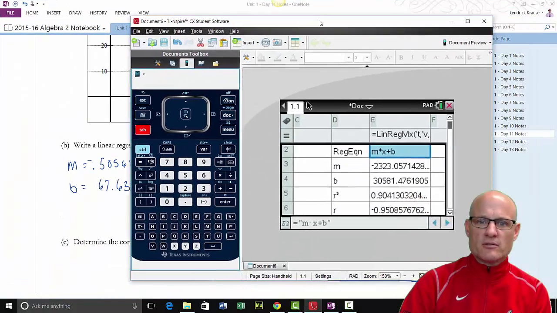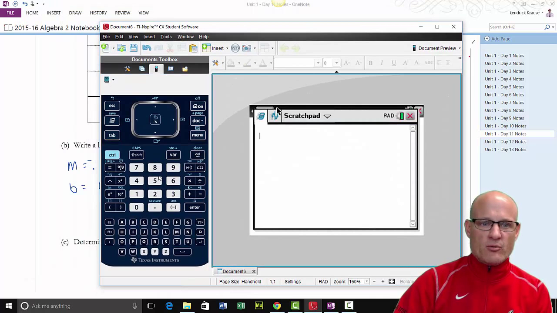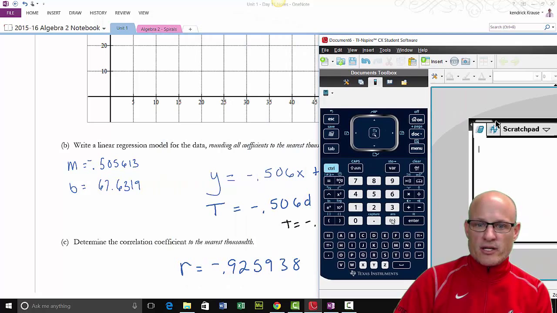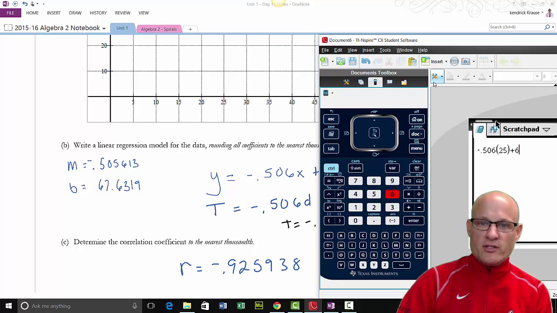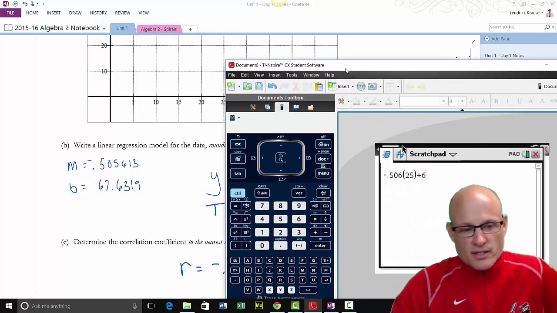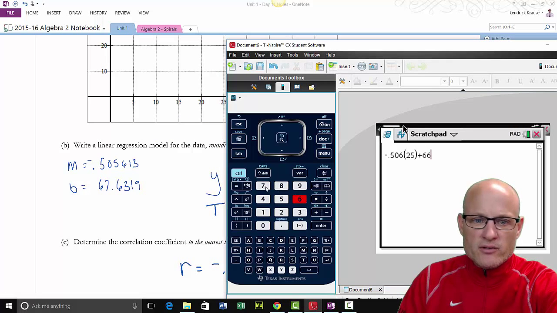That's Windows 10 for you. All right, whatever. I don't remember the equation: negative 0.506 times my depth, which was 25, plus 67.632.